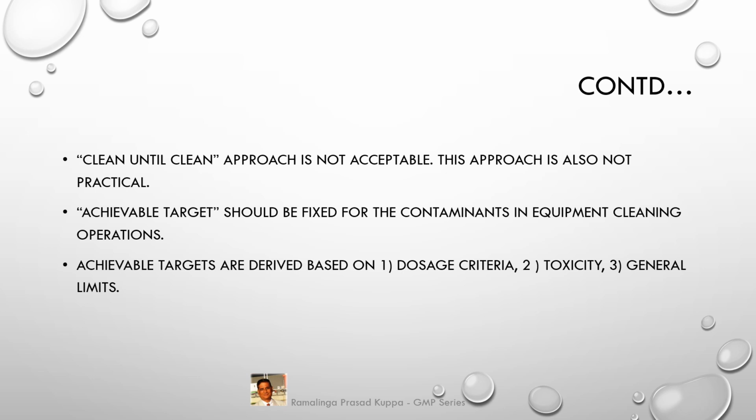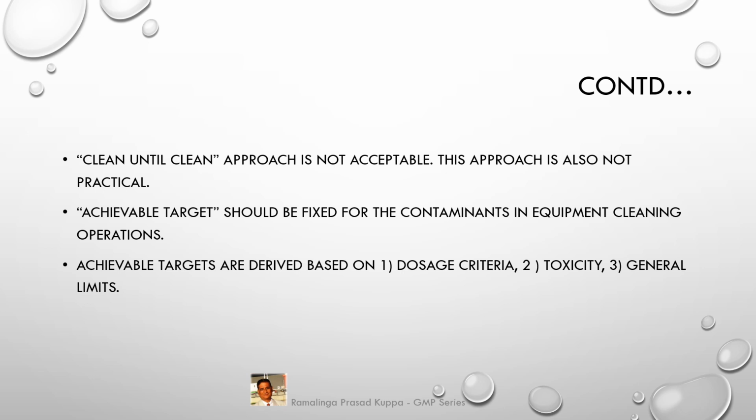Achievable targets are derived based on the dosage criteria, toxicity, or general limits. Ideally, when there is a changeover from one API to the other, where there is dosage data available, these criteria should be selected. But in certain cases, the derived limits may be too high and the values look absurd.